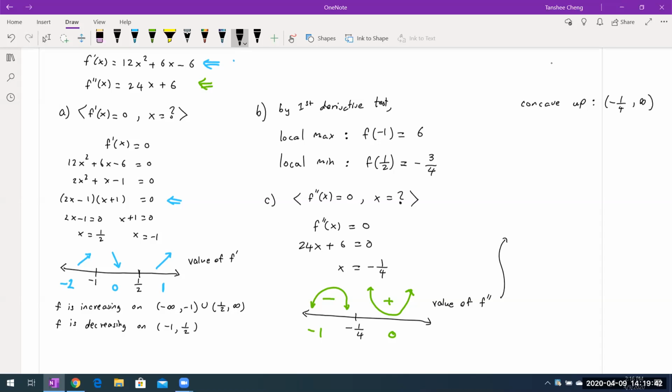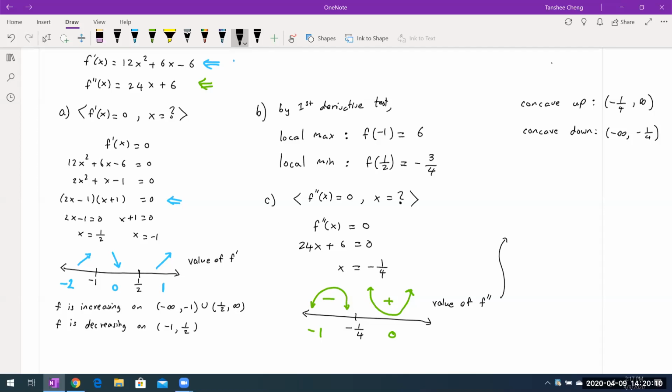And concave down from -infinity to -1/4. Follow so far? And now, because the concavity goes from concave down to concave up, the concavity changes at this point, -1/4.